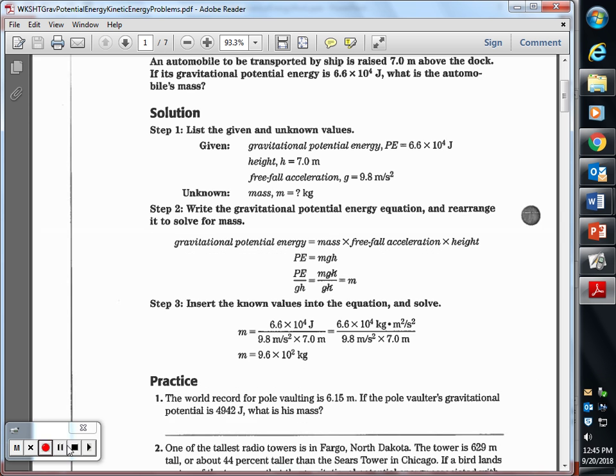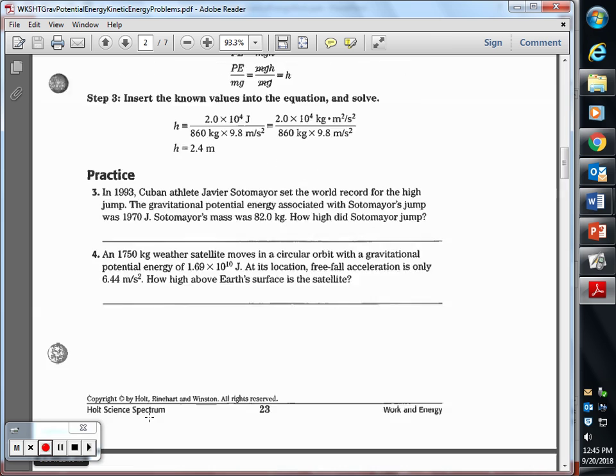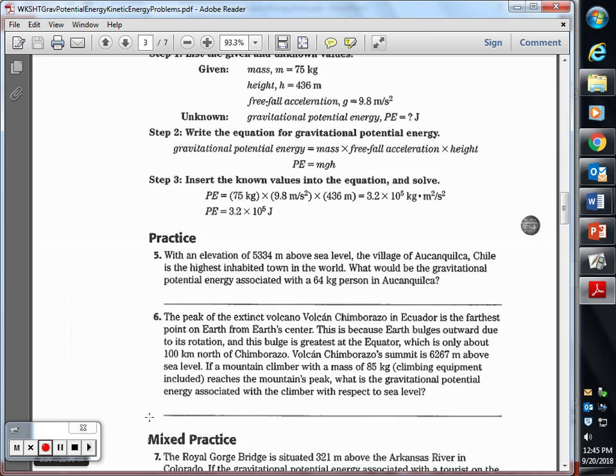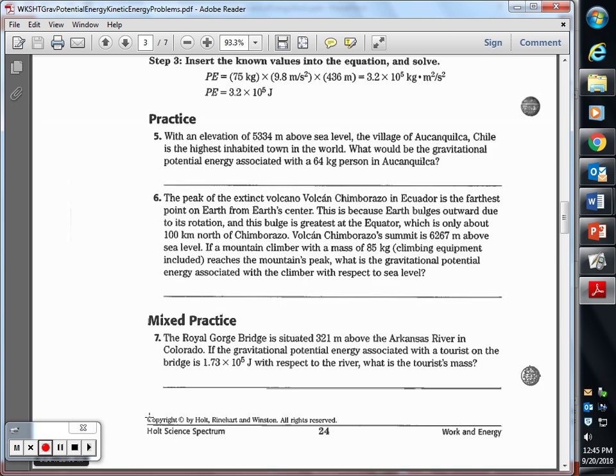Turn to page 24. Down at the bottom of page 24, there's a section listed as practice. We're going to start off with practice problem number 5.